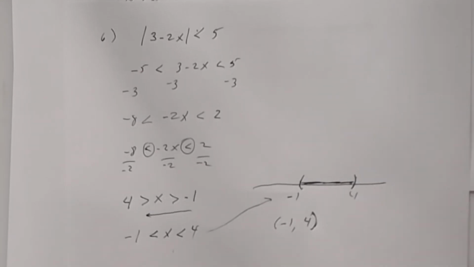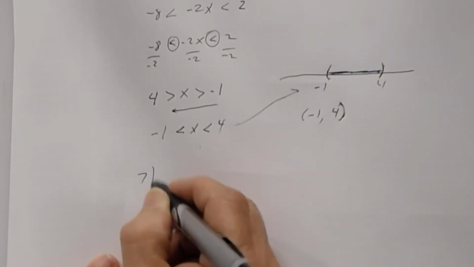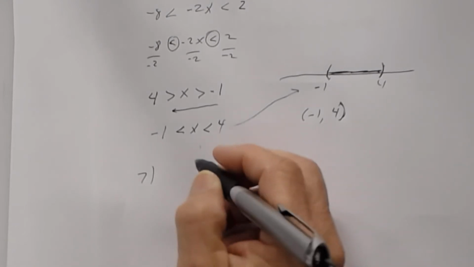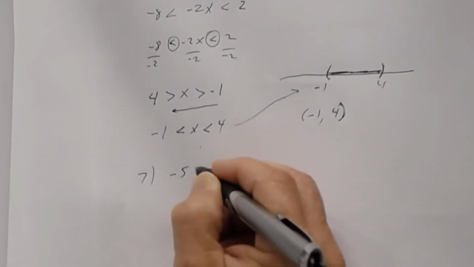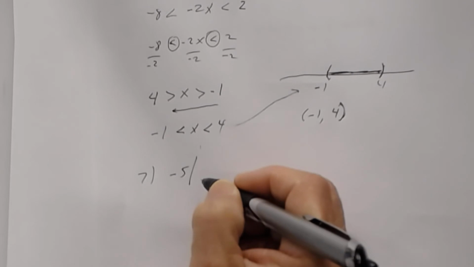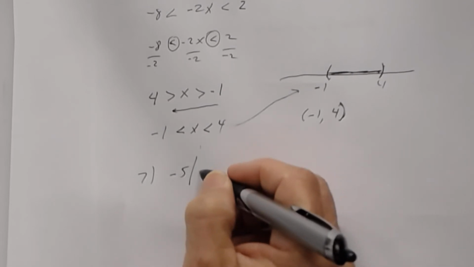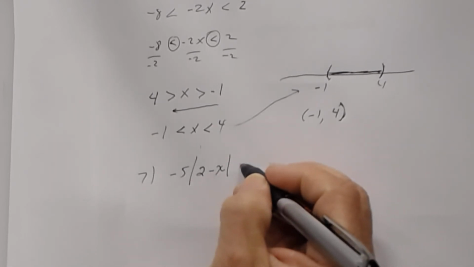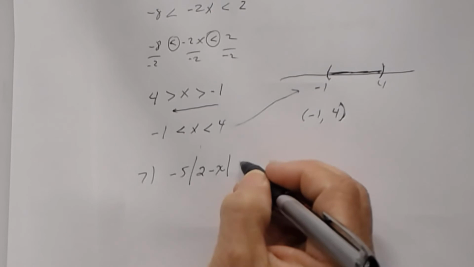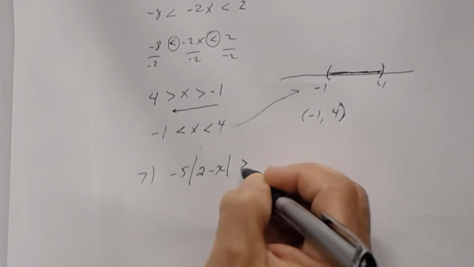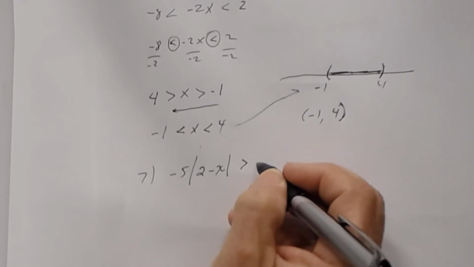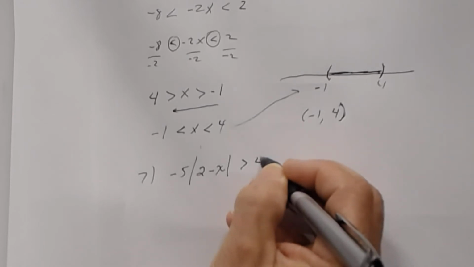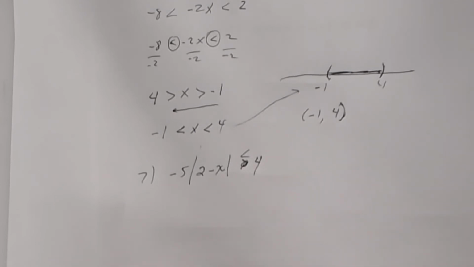All right, and then number 7, let's do one more. Number 7, suppose we had -5 times the absolute value of 2 minus x is, I'm making this up, let's do less than, I'm sorry, less than 4.